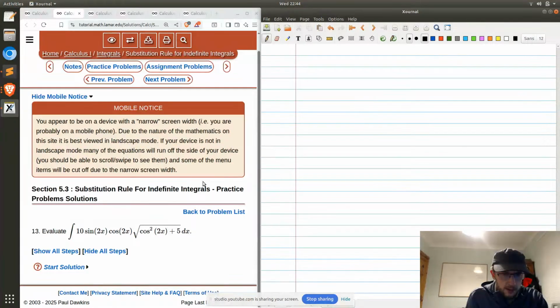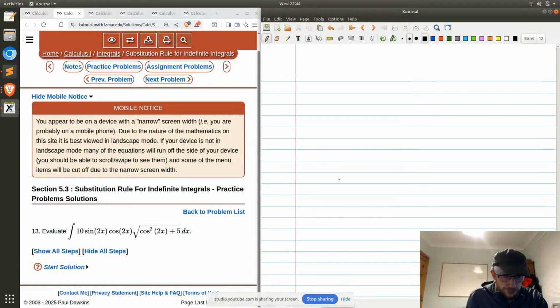Next, we have this integral here to evaluate. We will let u equal cos squared of 2x plus 5.